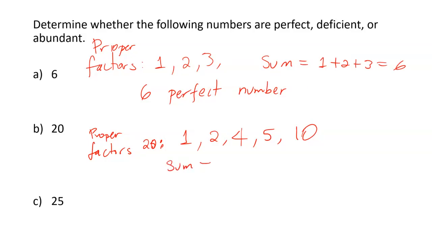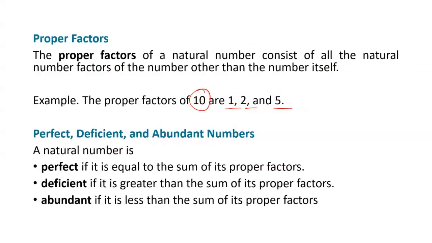Now I've got to do the sum. So the sum is 1 plus 2 plus 4 plus 5 plus 10, and the sum is going to be 22. So it turns out that the sum is actually greater than the number. Well, actually, I should go by the definition.